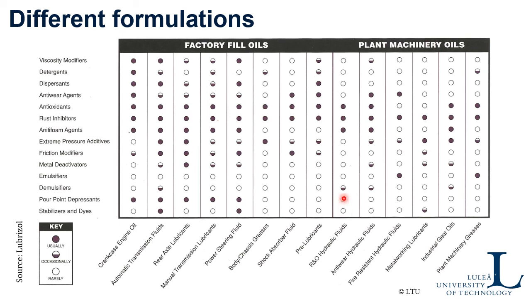Like a hydraulic fluid, you don't have too much of some of the molecules there, while in an engine oil you have many of the components used here. In a rear axle lubricant, which is a transmission oil, you really need, for example, extreme pressure additives, because you have a lot of sliding contacts in such an application.